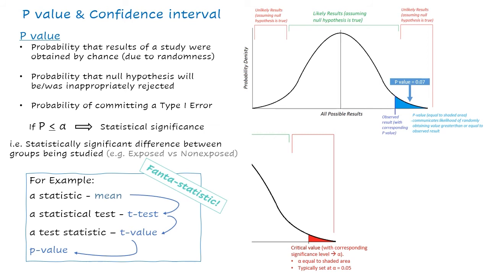Now we set our significance level at 0.05, meaning we are only willing to accept a 5% probability that the result was obtained by chance and not due to the independent variable. Because the p-value associated with our observed result is greater than the chosen significance level alpha, we cannot reject the null hypothesis, and so our result is not statistically significant.